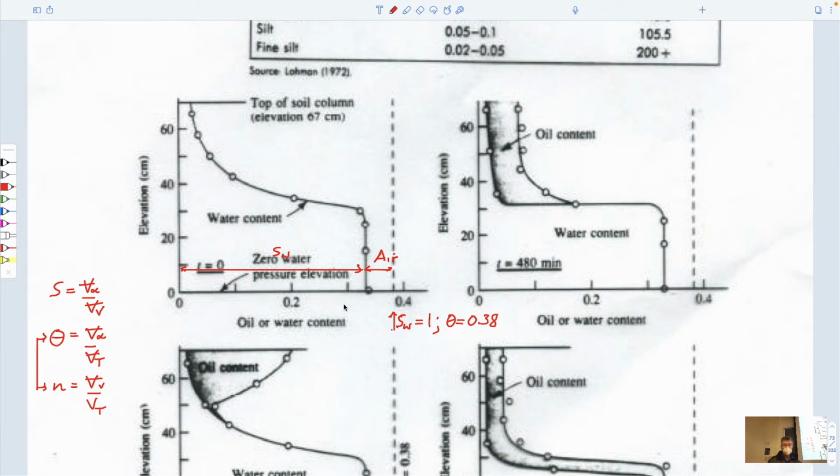It looks like the saturation is 90% and 10%, but if you do it in terms of these volumetric moisture contents, it's, I don't know, 0.04, and whatever the remainder is. I won't quote the numbers because it's not so obvious.